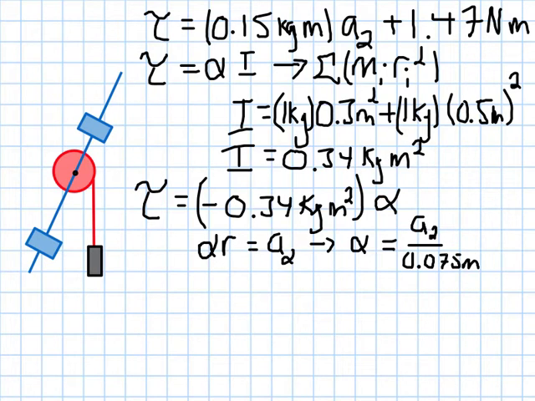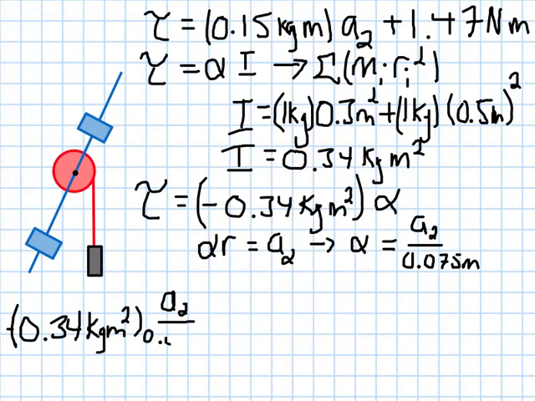So for our torque, the effect of torque is 0.34 kilograms times meters squared. Should be a negative sign out here. And we're going to multiply that by the acceleration of the falling mass divided by 0.075 meters.